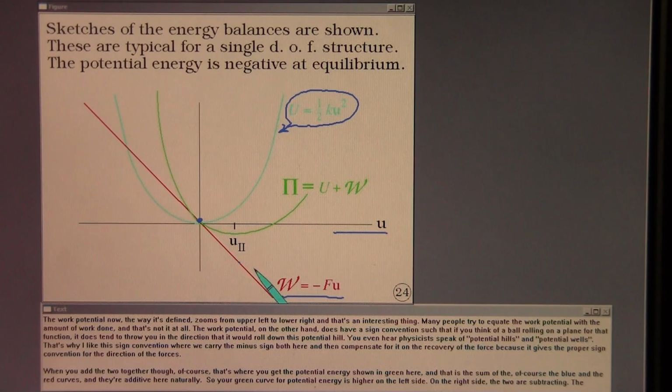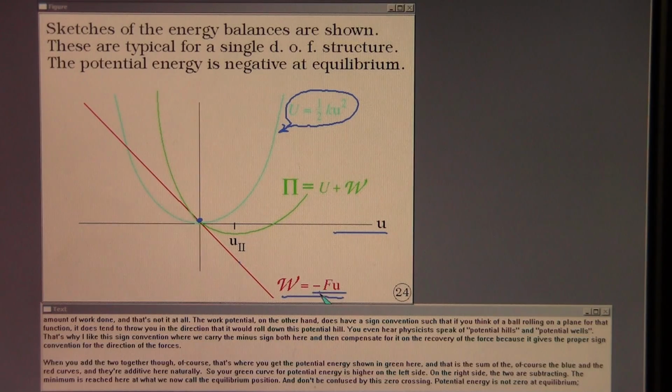You even hear physicists speak of potential hills and potential wells. That's why I like this sign convention where we carry the minus sign both here and then compensate for it on the recovery of the force, because it gives the proper sign convention for the direction of the forces.